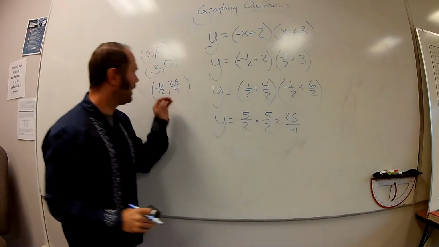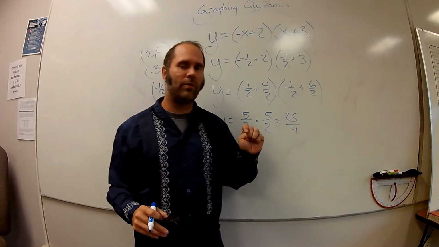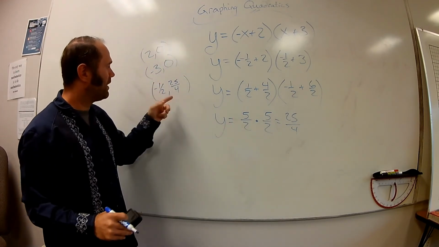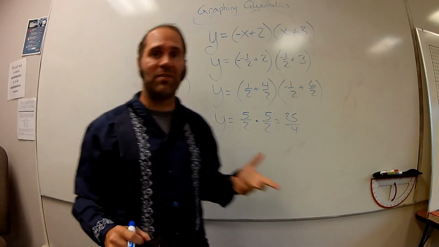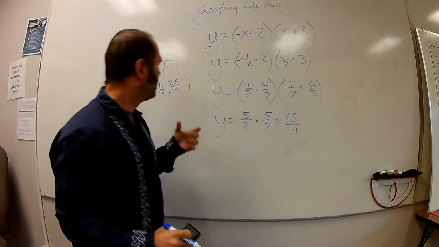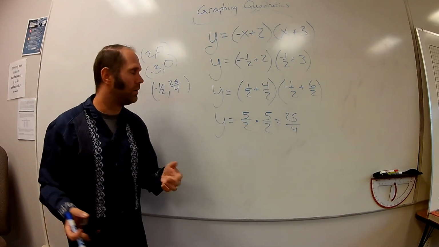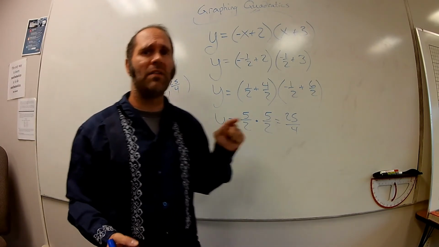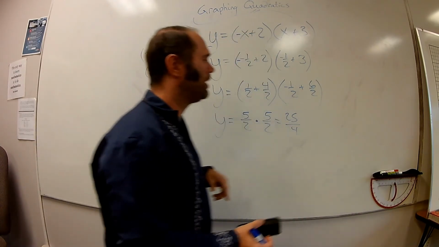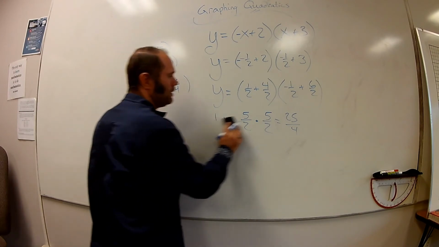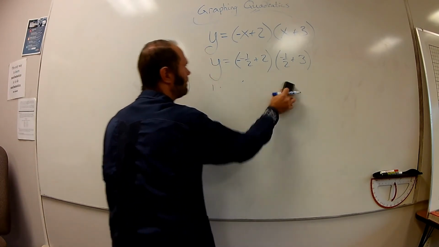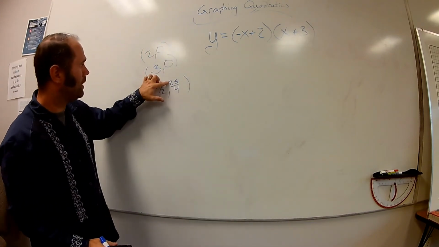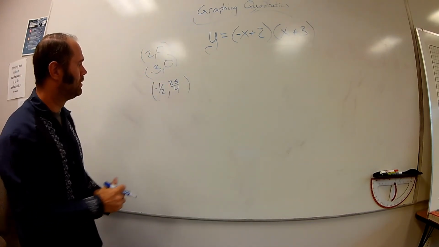If you're having a hard time visualizing what 25 fourths is, think about a fourth of a dollar. A fourth of a dollar is 25 cents. So that's 0.25 of a dollar. So how many dollars would you have? You could just take 25 divided by 4.